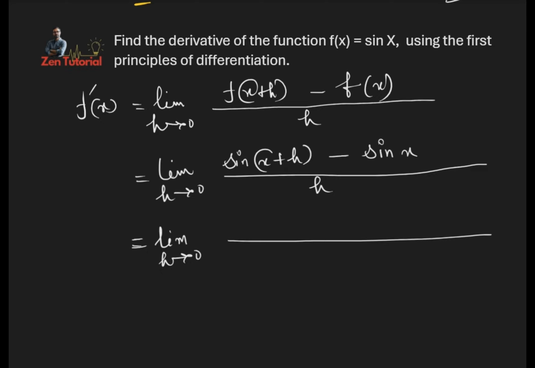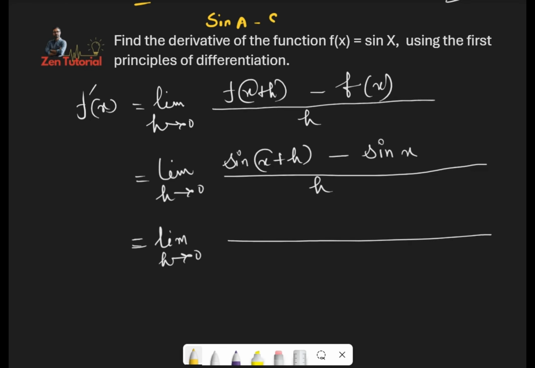So we know the basic equation of trigonometry, that is sine a minus sine b. Let's write down here sine a minus sine b equals 2 of cos of a plus b over 2 dot sine of a minus b over 2.